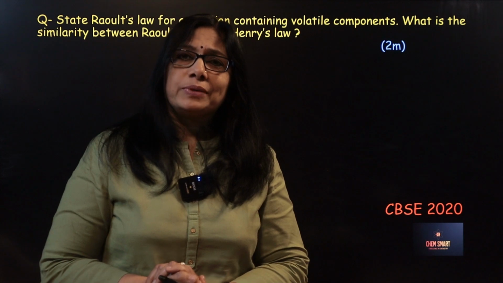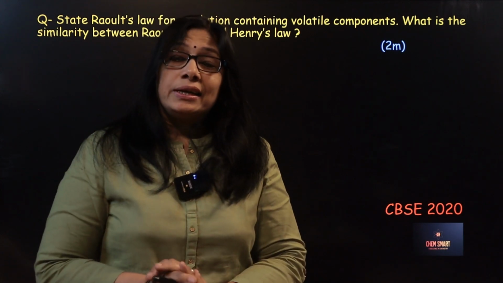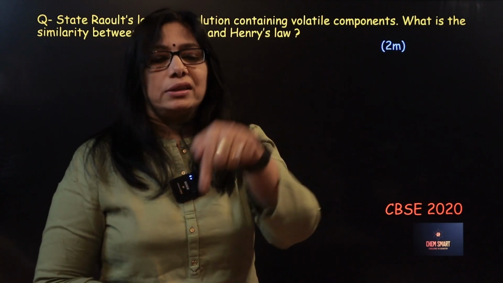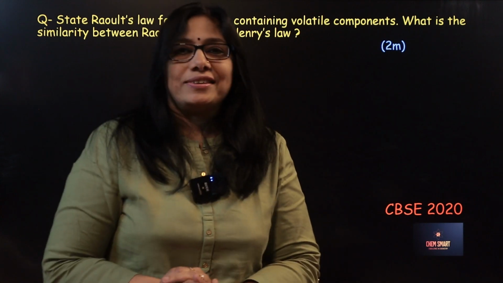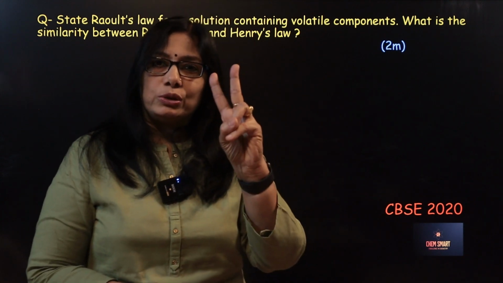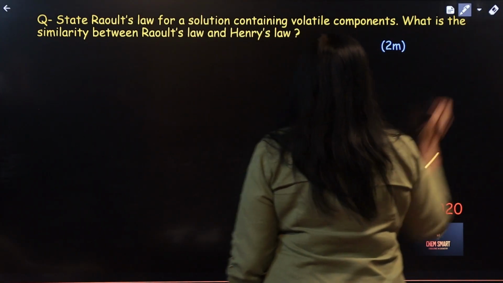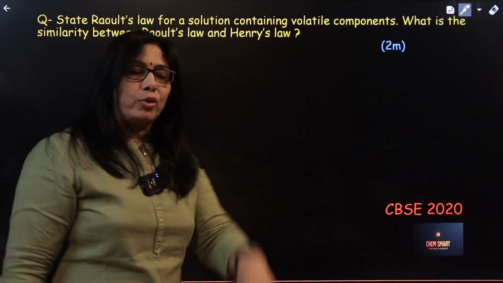What is Raoult's law? For a solution of volatile components or volatile liquids, the partial vapor pressure of each component in the solution is directly proportional to its mole fraction. That is, if you take a binary solution of 2 components, how will you write it mathematically? Suppose there are 2 components in the solution, component 1 and component 2.